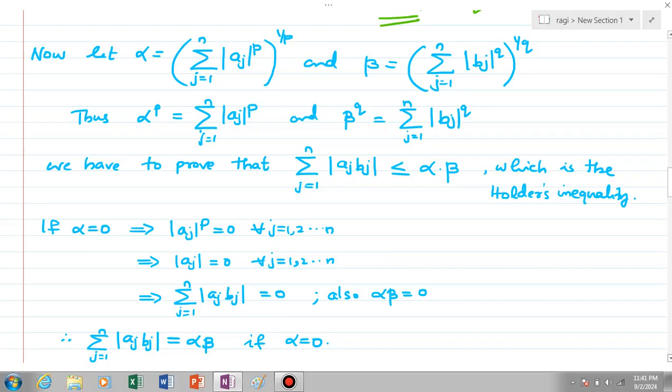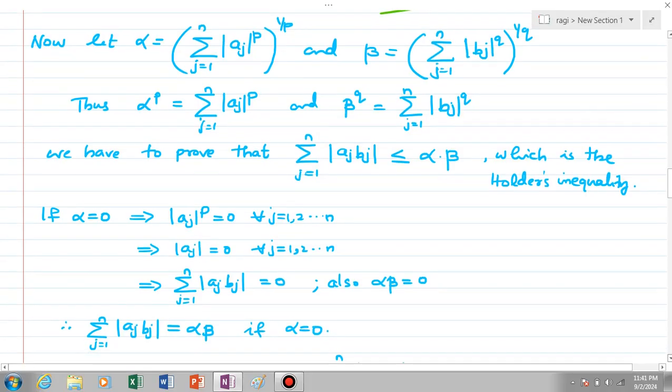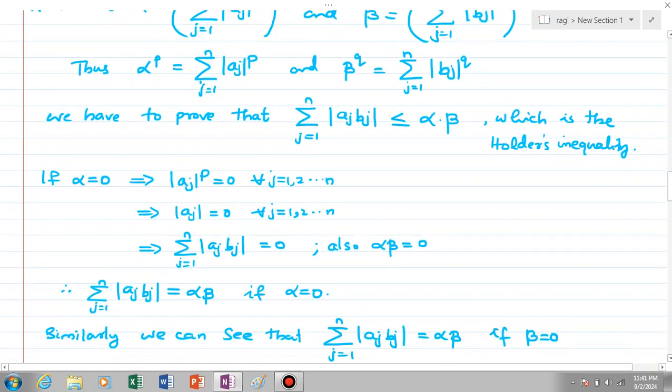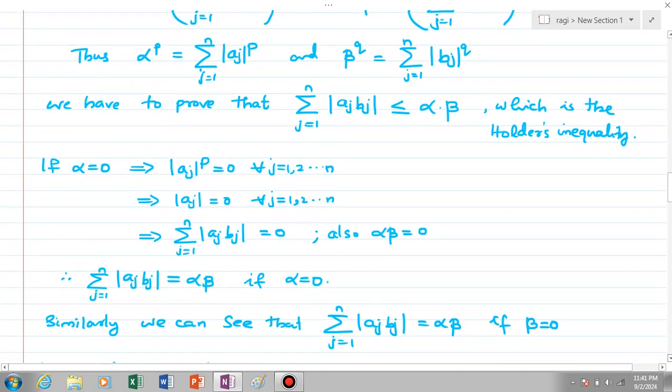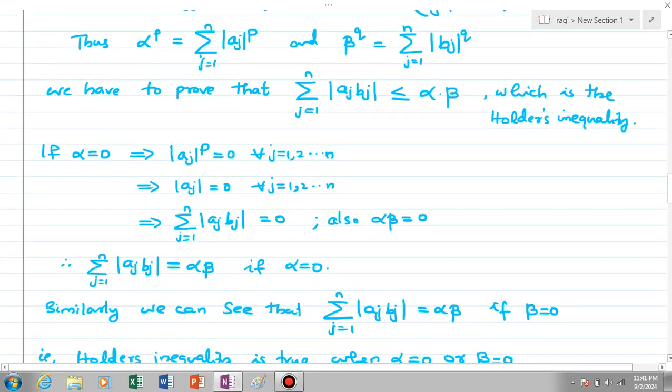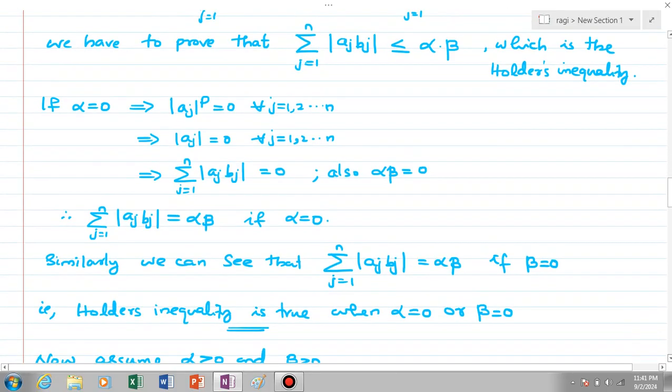Also alpha equal to 0 implies alpha into beta is also equal to 0. Thus we have summation j 1 to n mod aj bj is equal to alpha beta if alpha is equal to 0. Similarly, if beta equal to 0, this is the same case. So Holder's inequality is true if either alpha equal to 0 or beta equal to 0.